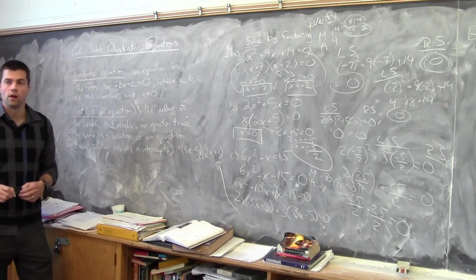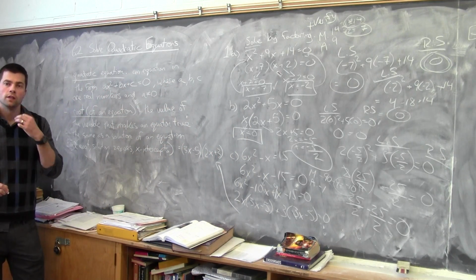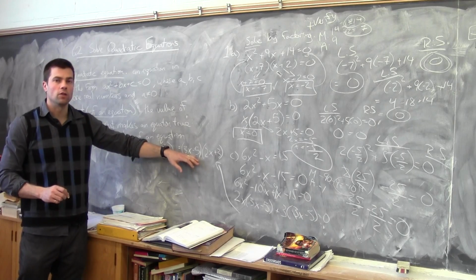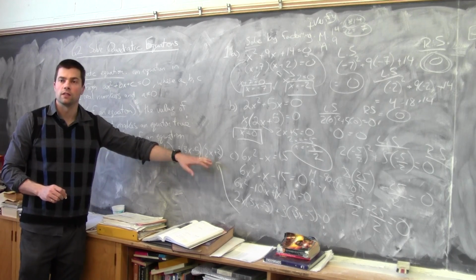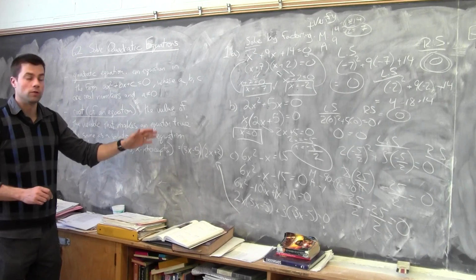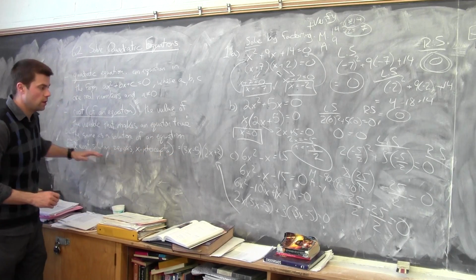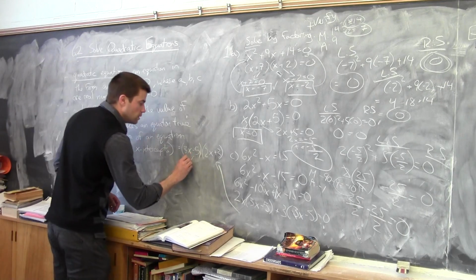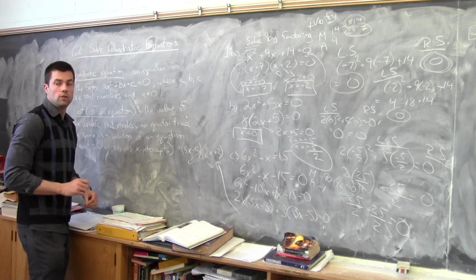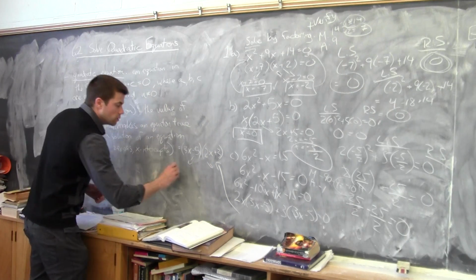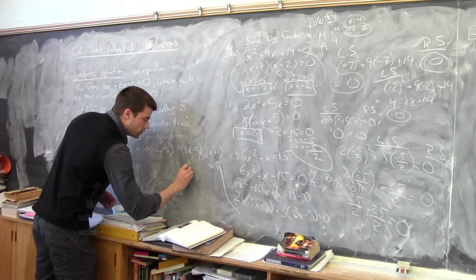Any questions there? So now we can't tell just by looking straight at it what the x-intercepts are, the zeros or the roots or the solutions, whatever you want to use as a synonym. But we need to set this equal to 0 and this equal to 0. So we set 3x minus 5 is equal to 0.